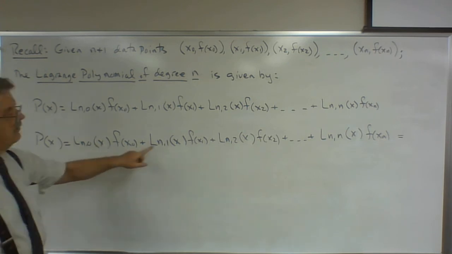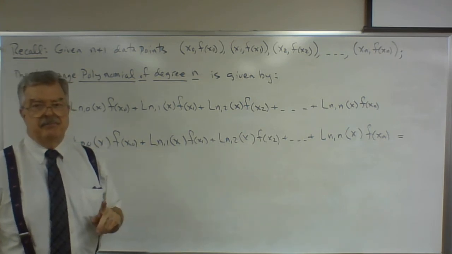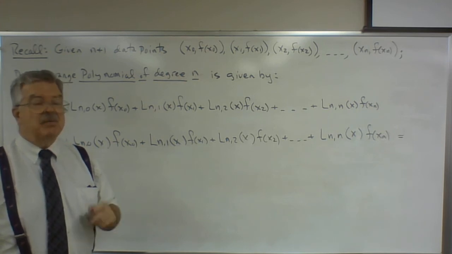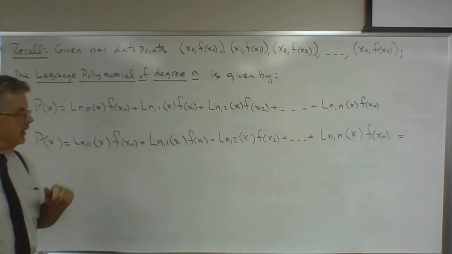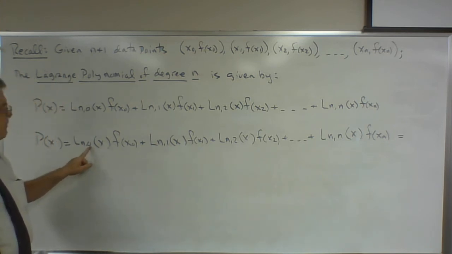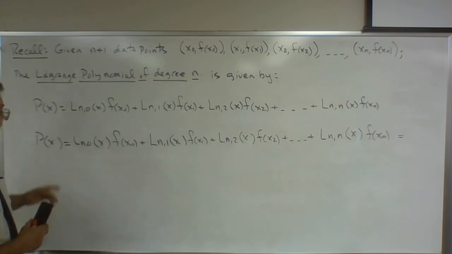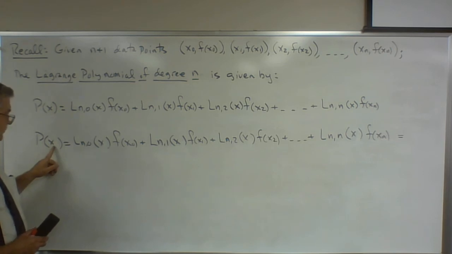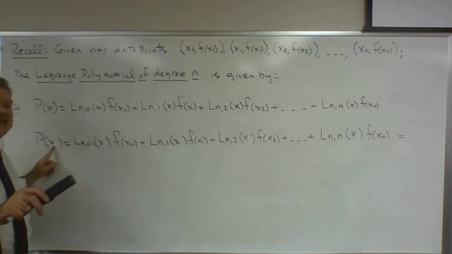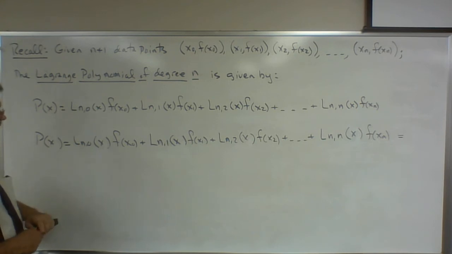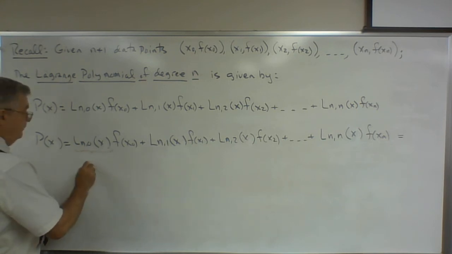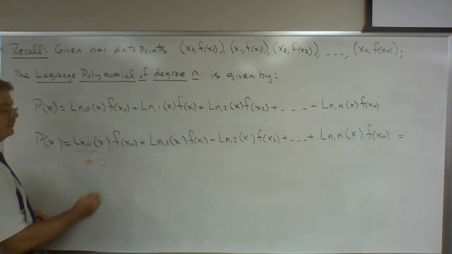These Lagrange coefficients become 0 exactly when we plug in an x value of a data point whose subscript does not match the subscript of the Lagrange coefficient. So if I take an x value that doesn't happen to be the x value of any of the data points, and I plug it in, this thing is not going to be 0.